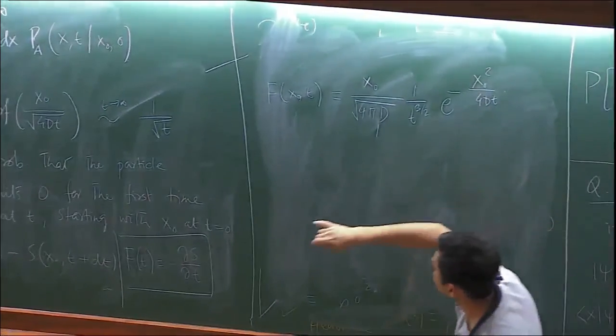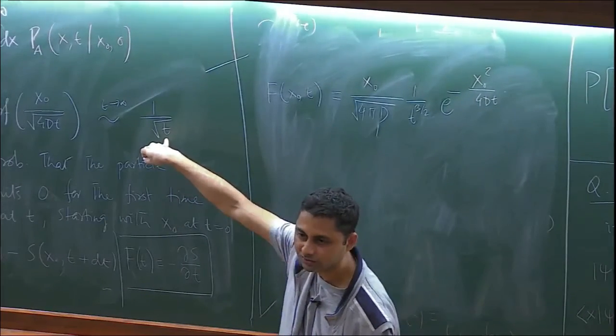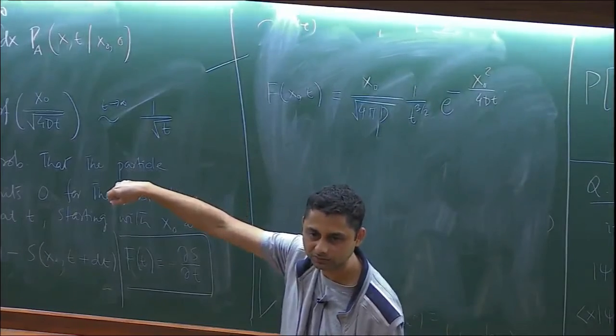So this 3 by 2 you can see, because if you take a derivative of this 1 by square root of t, that becomes 1 by t to the power 3 by 2, right?